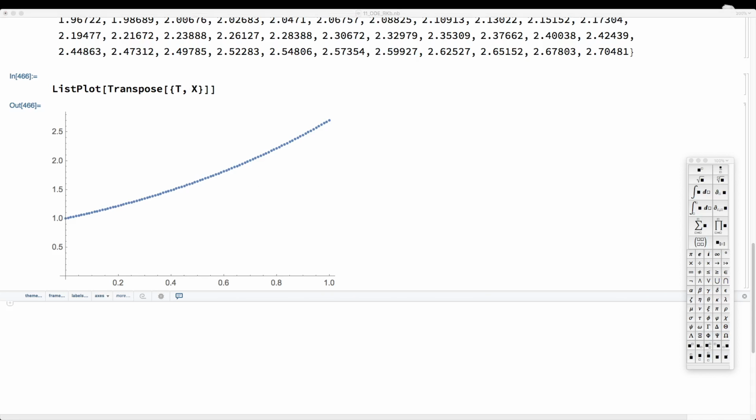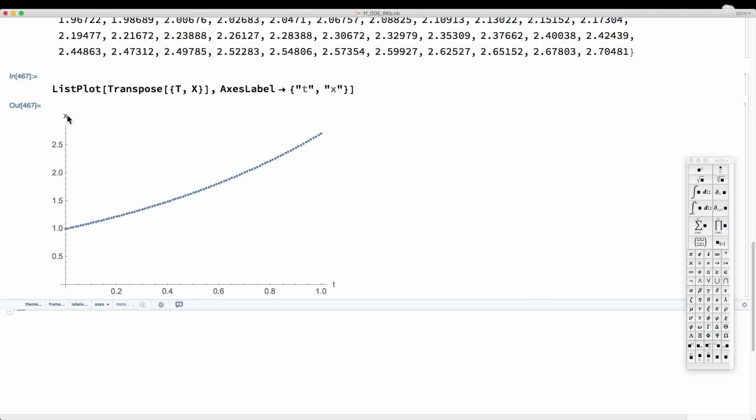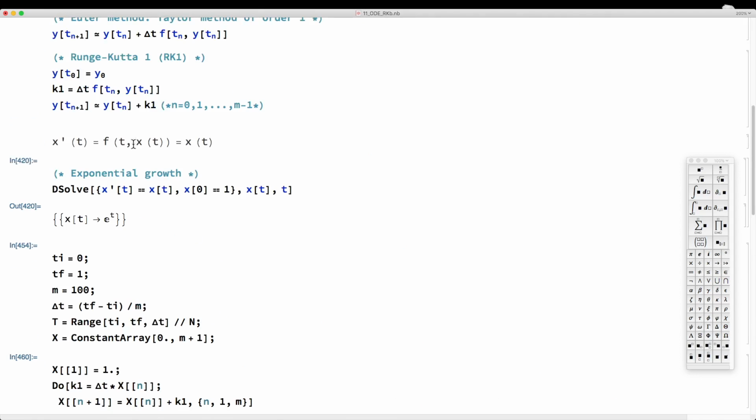If I want to plot the axis labels, we can use the command AxesLabel, and we can put t and x. And then we can plot this against the exact solution, which, as we showed earlier, is e to the power t.